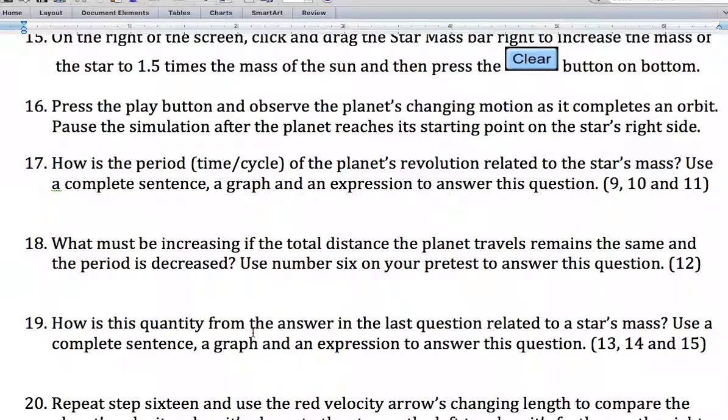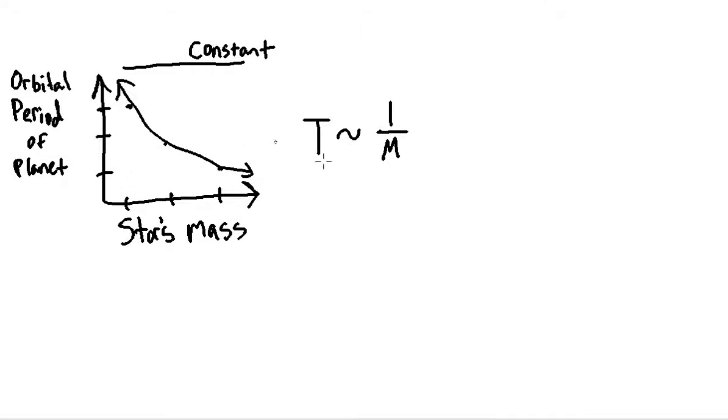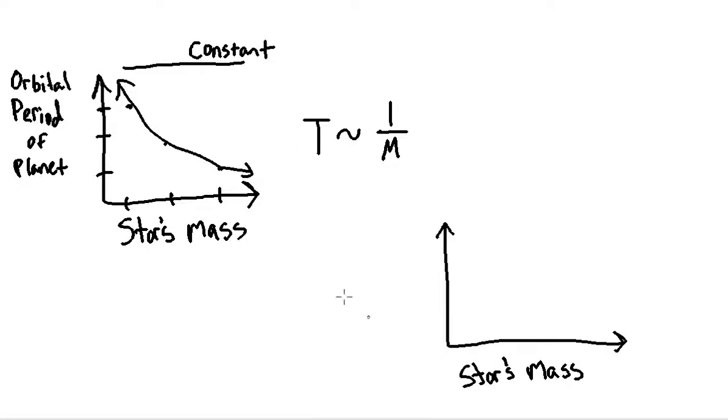All right, so how is this quantity from the last question related to a star's mass? So let's make another graph here. Let's do it over here. So we're going to keep our x-axis the same. Star's mass remains constant, but now we're talking about the angular velocity, not rotational velocity.